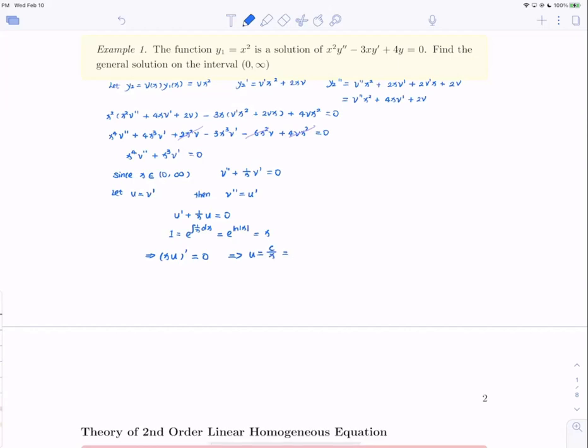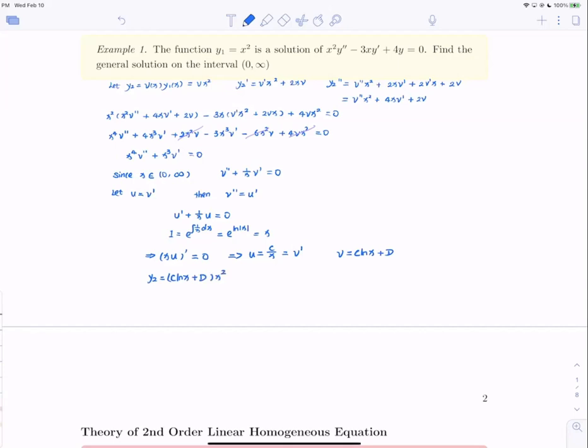And that's your v prime. So you know what your v prime is, so v is going to be the integral of c over x, so c ln x plus d. Your y2 is going to be v times y1, so (c ln x plus d) times x squared.